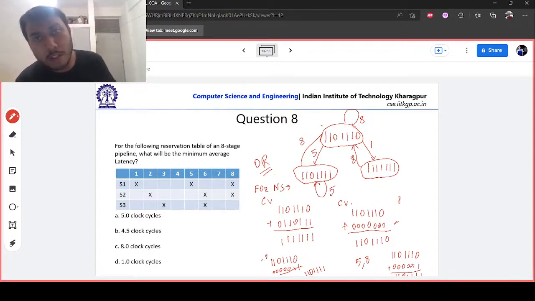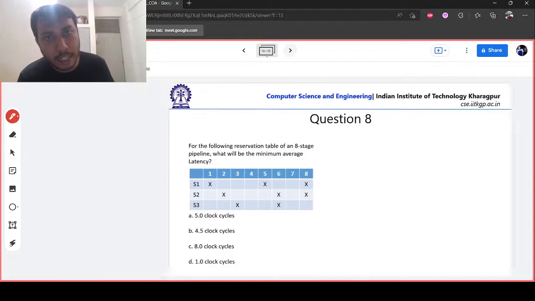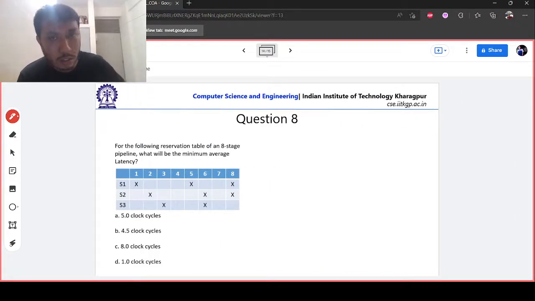Now from the state diagram we need to find out the possible latency cycles.